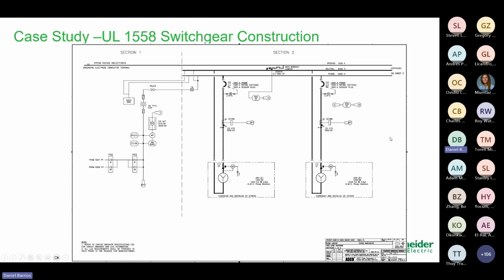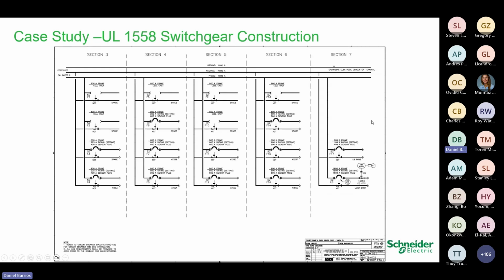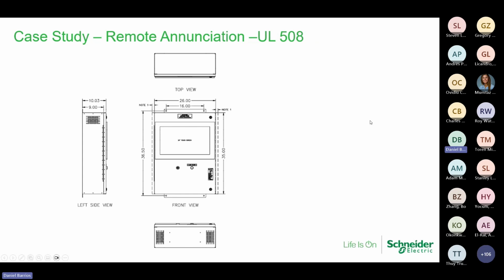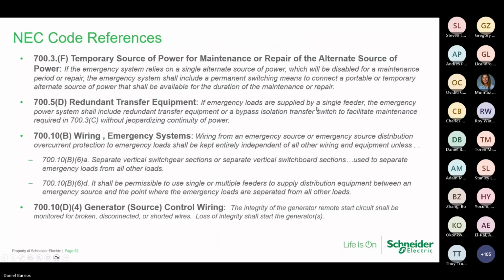From ASCO, you're going to get our one-line and three-line diagrams, giving you each of the components, how they're connected, and how they operate for both the generator sections and each of your distribution sections. You have the ability to have that screen not only at your master control section, but also remote. You can have multiple remote screens, and they can be different sizes depending on how you want that displayed.